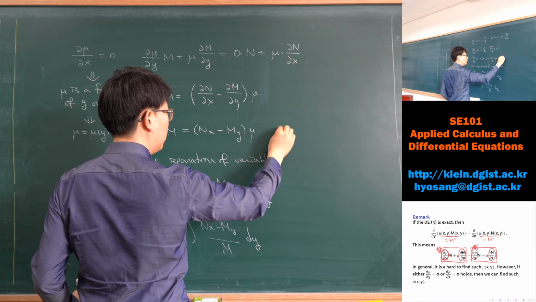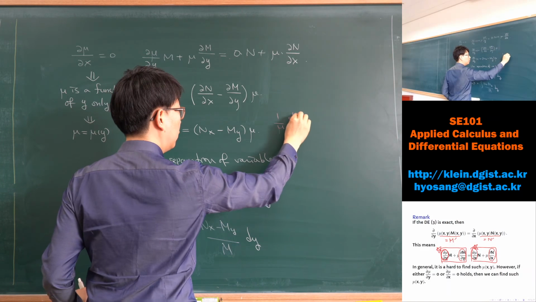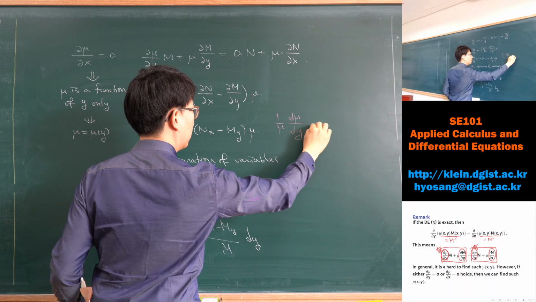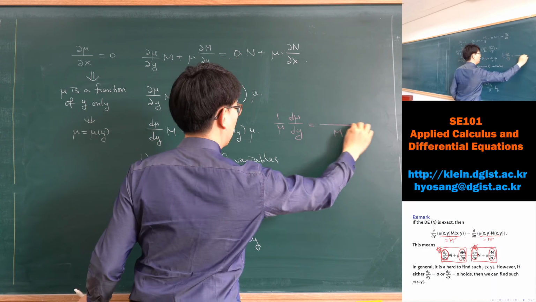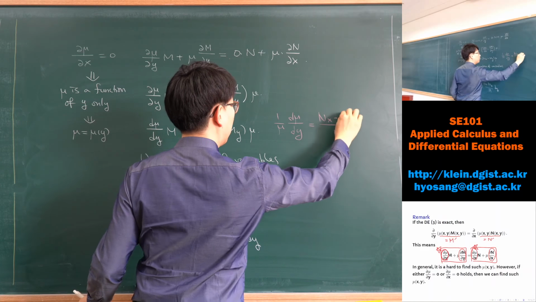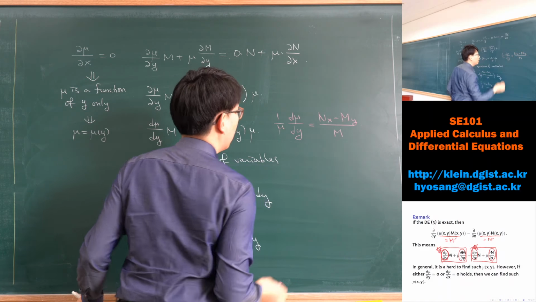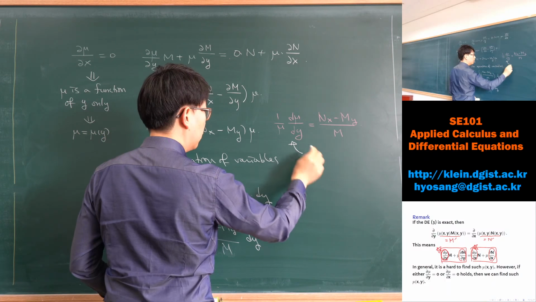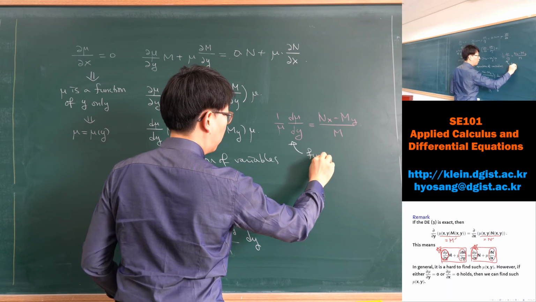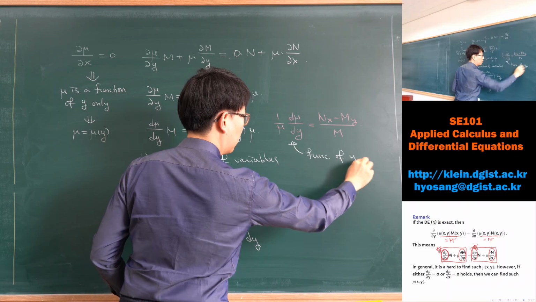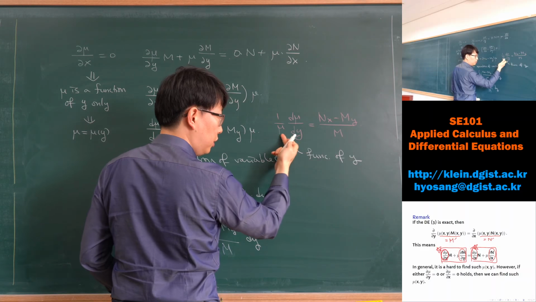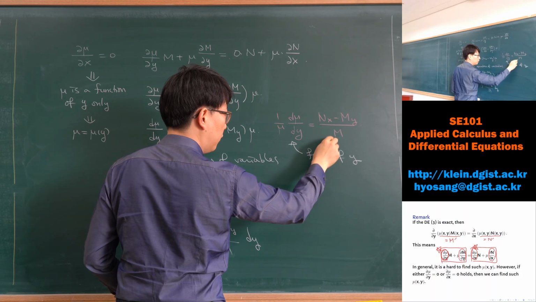So mu d mu dy equals (nx minus my) over m. This left hand side is a function of y, and therefore the right hand side, which is equal to the left hand side, must also be a function of y.